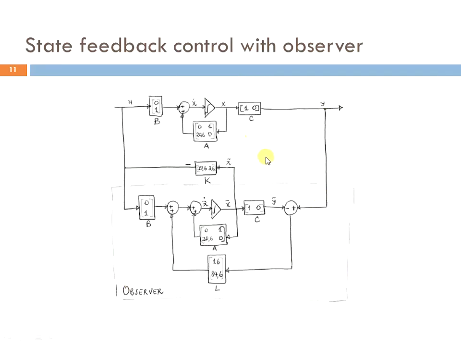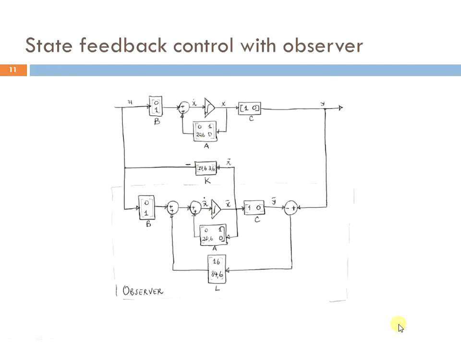Now we've got both the state feedback gain matrix and the designed observer matrix. On top we implement the state feedback control system. At the bottom we implement a state estimation, and the inputs to the observer are the control vector and the output vector, and the output is the observed state vector, which is then used to implement the state feedback control.